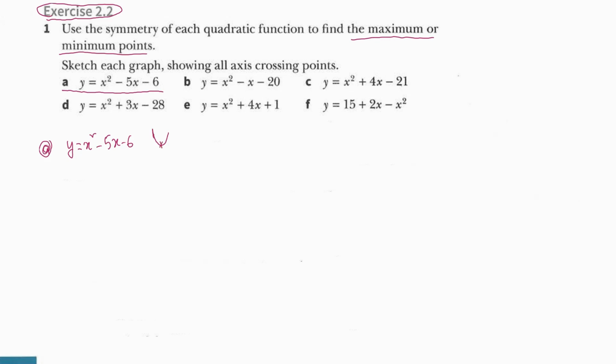Definitely it has a minimum point, because the coefficient of x squared, which is a, is a positive value.